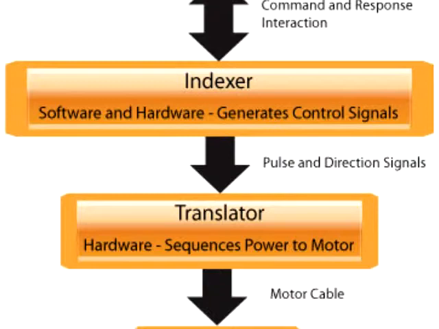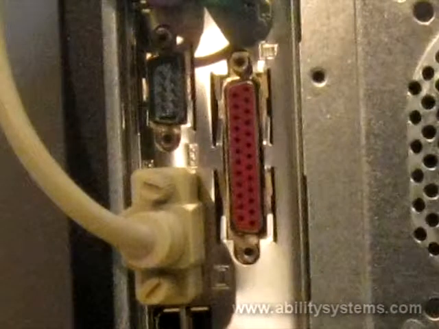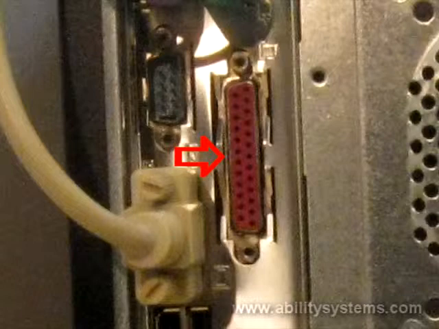Ability Systems Indexer LPT software uses an IBM-compatible PC to generate translator-compatible control signals from the standard parallel output port connector. The parallel port is ideally suitable for controlling motors due to the multiple outputs that are physically available.